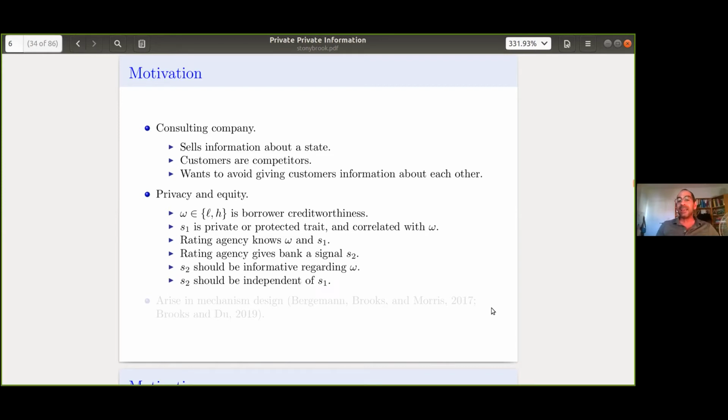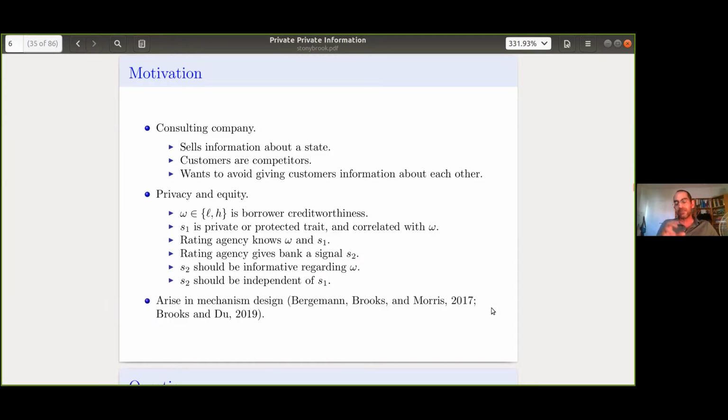But legally, it has to be independent of S1. I cannot reveal to the bank any information about this private or protected trait. So the idea again here is that both S1 and S2 contain information about omega, but they're independent of each other. So this again would be private information.